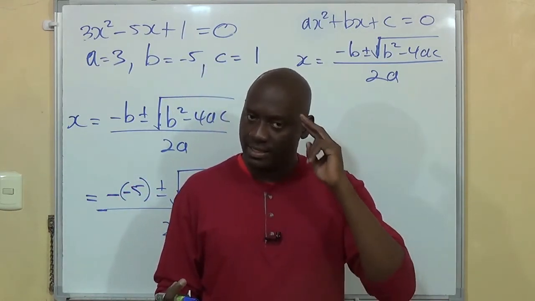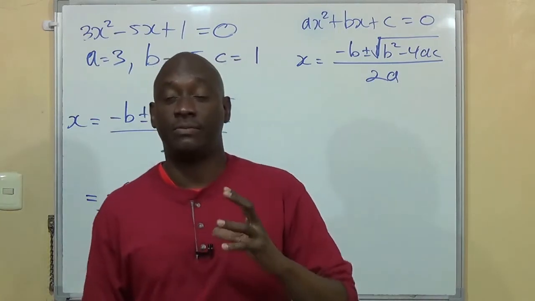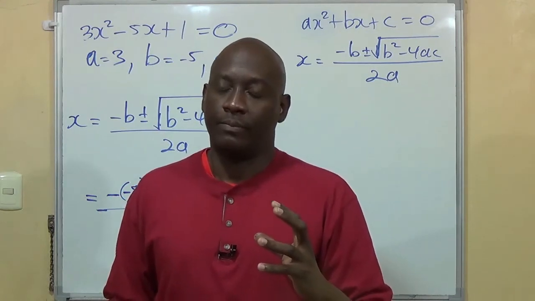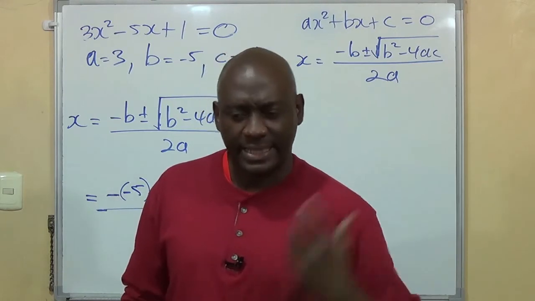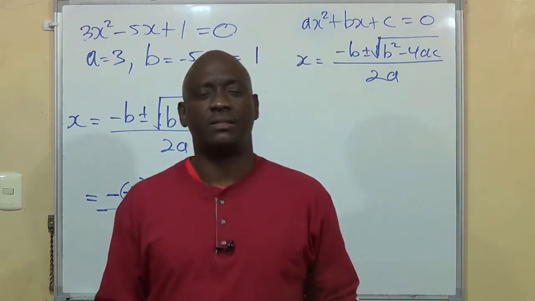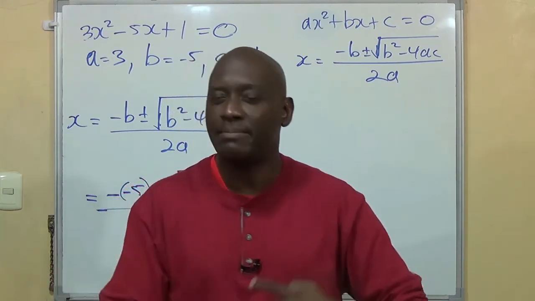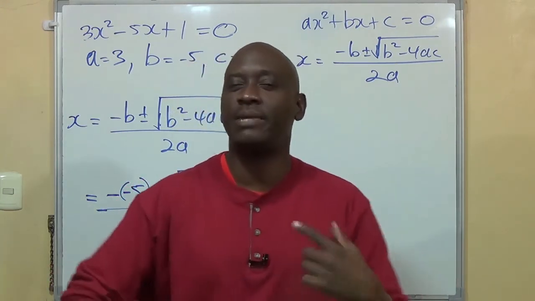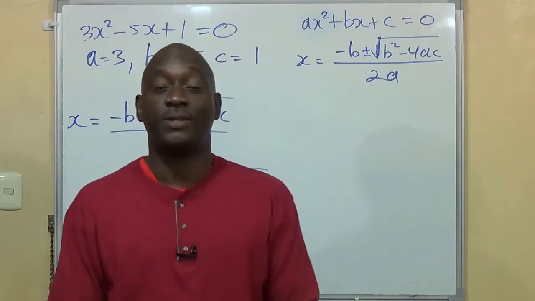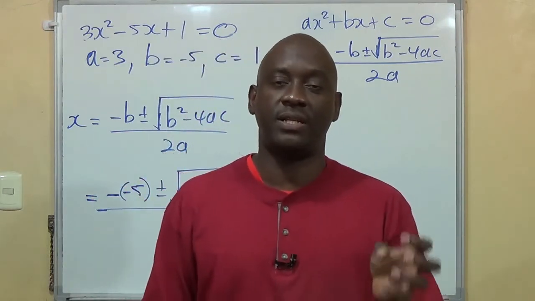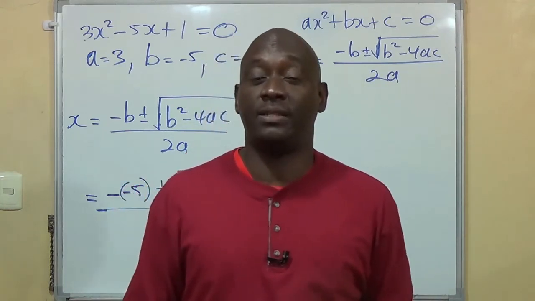I'm saying that to signal to any student that if you set yourself up to believe from the outset that the quadratic formula is not something that you could get wrong, then as you practice, that is the space where you're making mistakes. You give yourself room to make mistakes when you practice, which means that you're going to practice enough questions and make enough mistakes so that eventually you'll reach a point where you could do it flawlessly. Because this is a topic that you could do flawlessly. Alright?